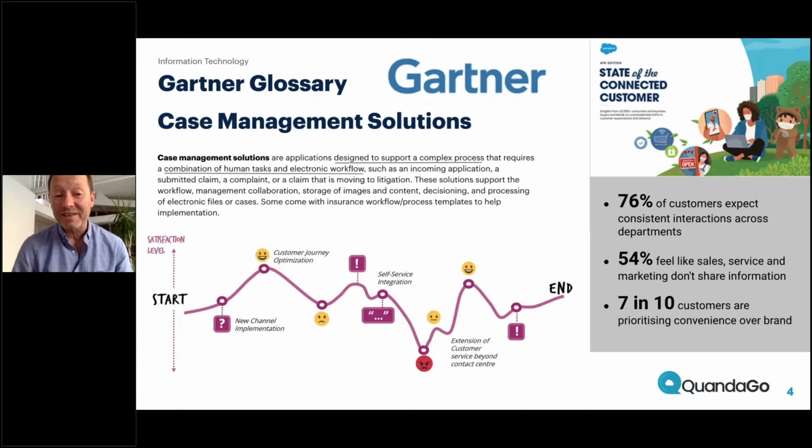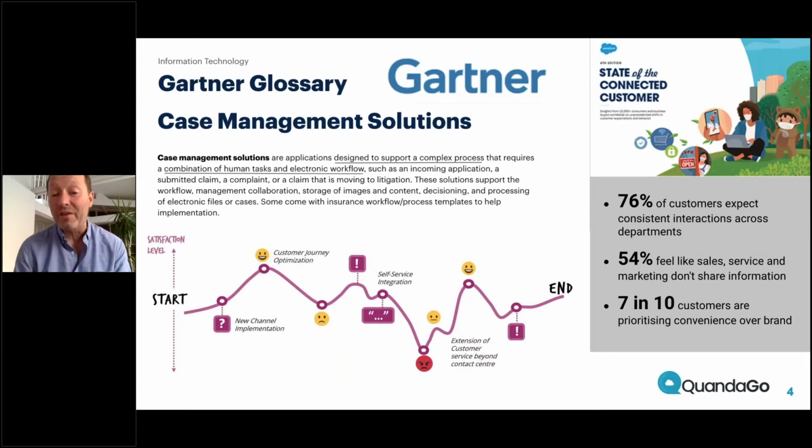A last point on this slide is a recent Salesforce State of the Connected Customer. Some interesting stats, and I think they point to this notion of delivering a consistent, efficient journey end to end. Well, 76% of customers from the survey expect consistent interactions across departments, but more than half feel like sales, service, and marketing aren't sharing information, are not talking to each other.